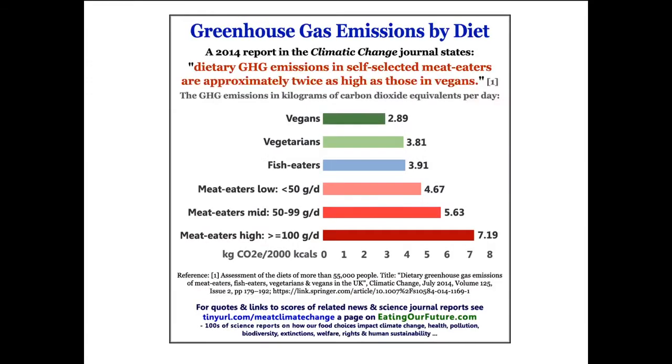Okay, moving on. Greenhouse gas emissions by diet, and I'm not sure how they come up with these figures. I've just been looking around at greenhouse gas emissions and the food industry, and I found these tables. Apparently, vegans produce the least amount of greenhouse gas, and I eat a lot of meat, so I'm probably one of the biggest culprits, with twice the amount of greenhouse gases of a vegan.